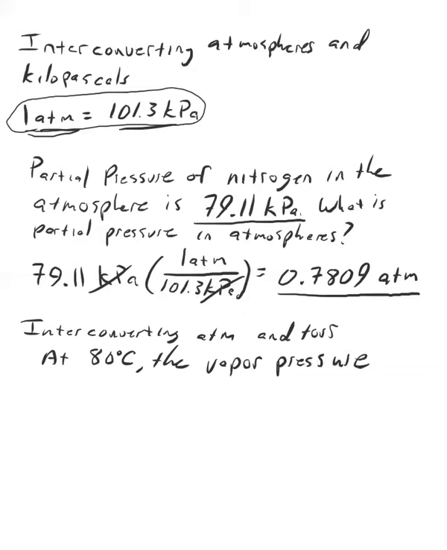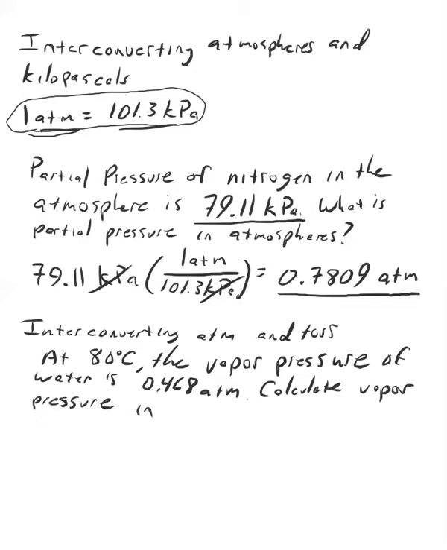We'll get to that stuff, but it's just pressure. It is 0.468 atmospheres. Calculate this vapor pressure in torr and in millimeters of mercury.